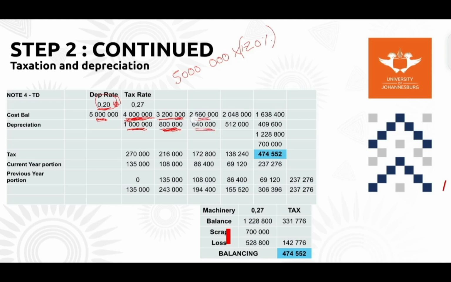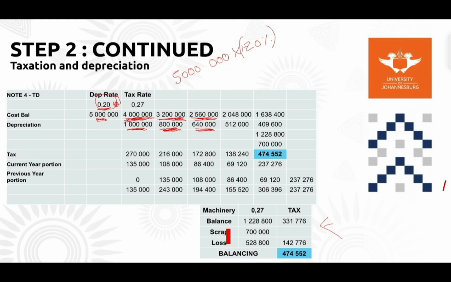And in order for you to get this, you say 3.2 million minus 640 to get this value. All right. So I'd like to just draw your attention to this final piece down here, on how to calculate the tax for the residual value and that leftover amounts in with the depreciation.